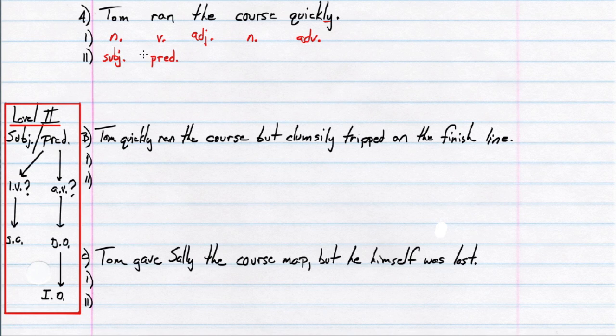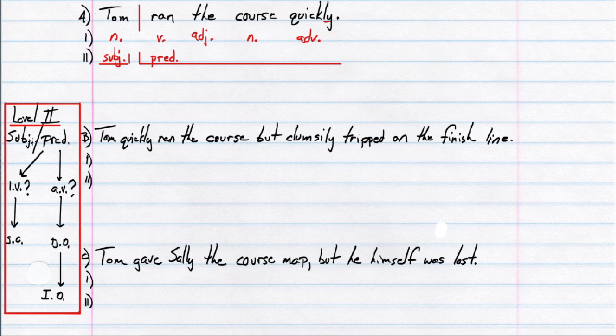Alright, so I'm going to go ahead and put my hooks and lines in here because I already know how to divide this sentence. So I'm going to go here, and that's going to be my predicate. And there's my subject, which means I could draw this line up here right down between Tom and ran.